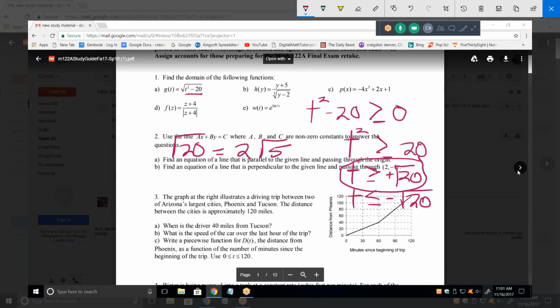So really our answer is t is greater than or equal to 2 square root 5, or t is less than or equal to negative 2 root 5, because when I square t, I have to put parentheses around that and square it, and that turns positive. Okay, let's go on to the next one.